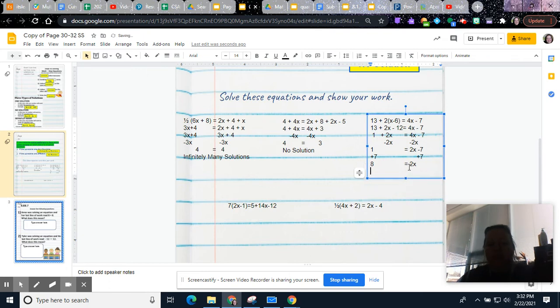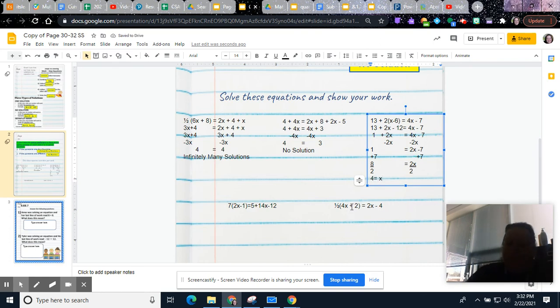So this has 2 times x. Opposite of times is going to be divide. So you're going to divide both sides by 2 because it's 2 times x. And then 8 divided by 2 gives you 4 equals x, because your 2's cancel over here.